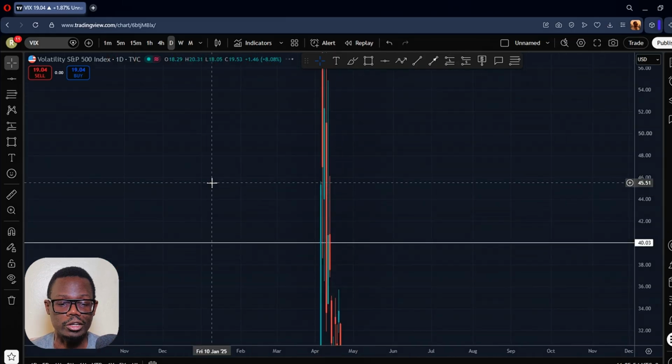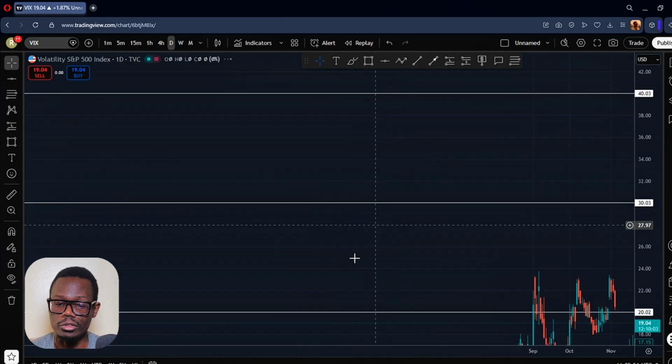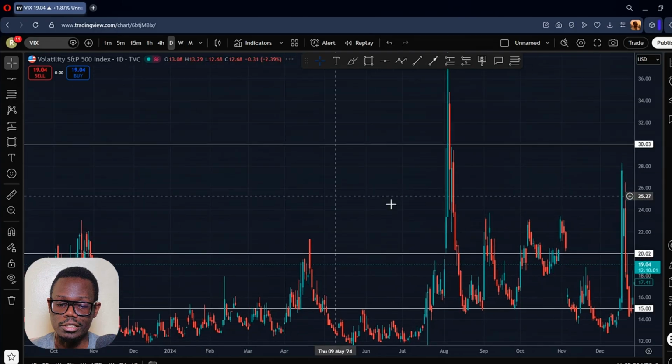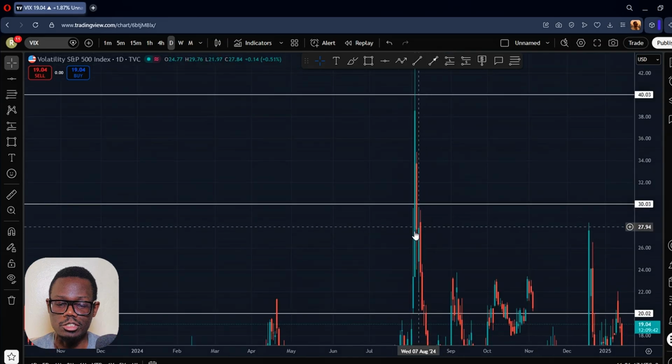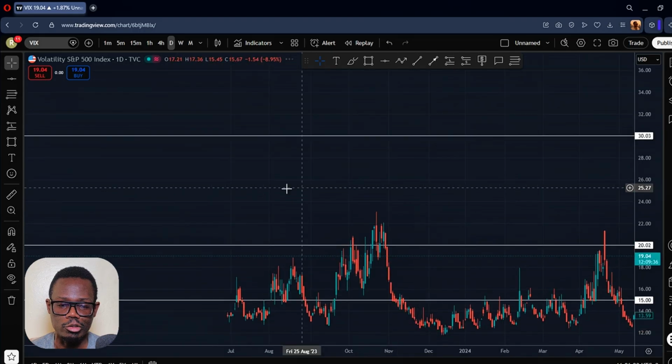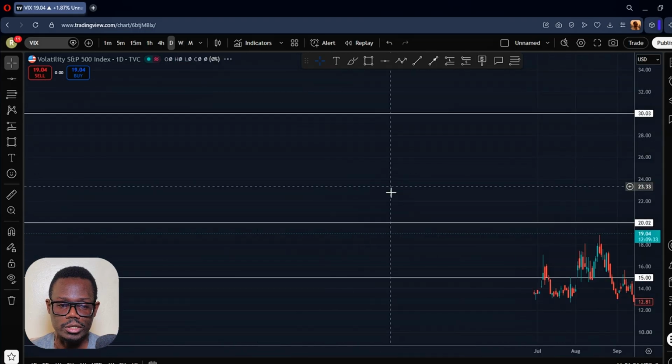If you go back, COVID also must have spiked this. This was August 2024. I can't remember what really happened here. This must have been the Ukraine war, when the Ukraine war started. If we go back further, let me go to weeks.